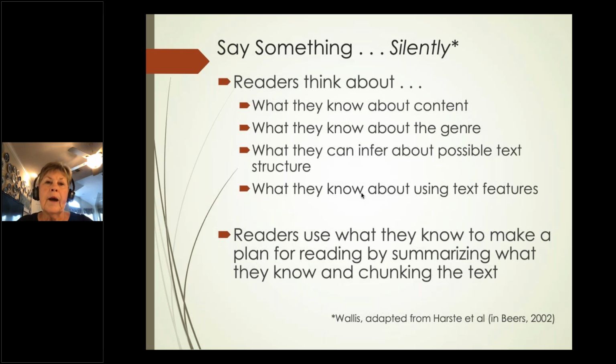One of the most challenging things, especially for striving readers, is when they are reading along and they become confused, or as we say, lost in a text, not in a good way. The kids just keep reading, and so say something and say something silently ensures that kids are monitoring for meaning and making sense of their reading.